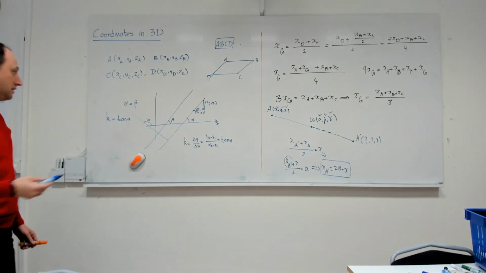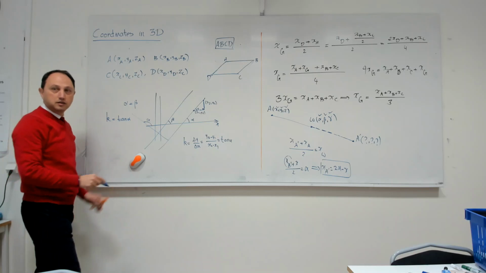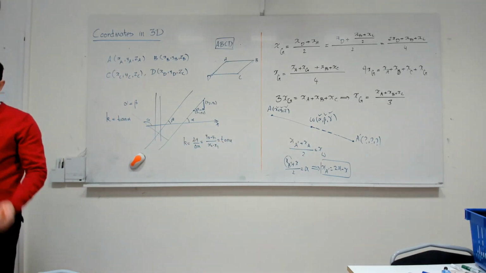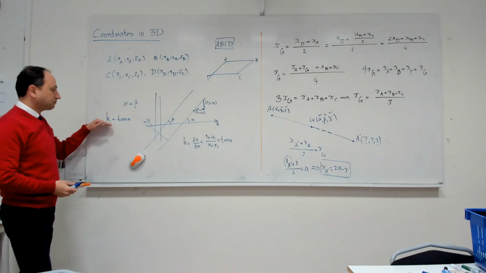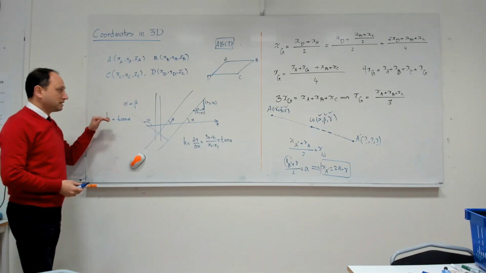And if I have a vertical line, it is not defined, because the tangent of 90 degrees is not defined. So that is exactly what we had before. But the notion of slope doesn't make that much sense in 3 dimensions.